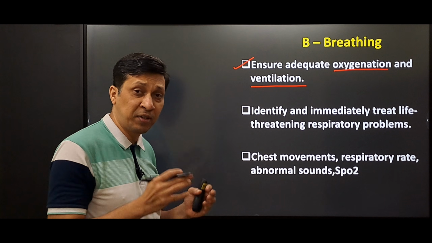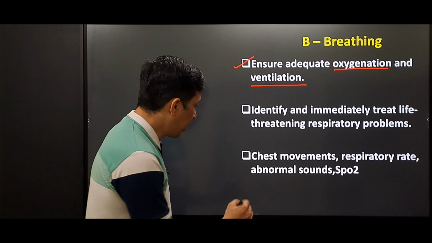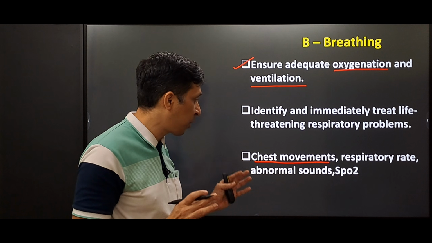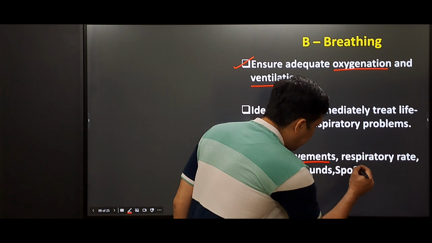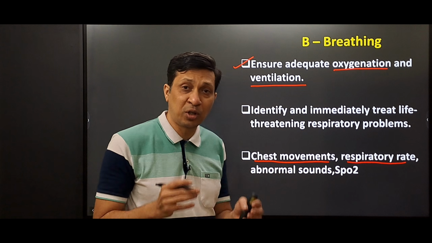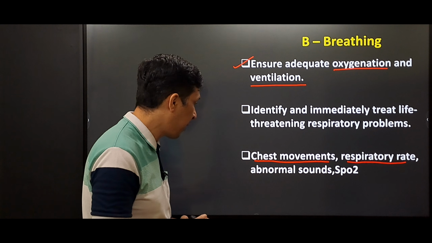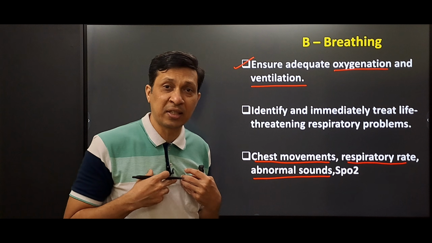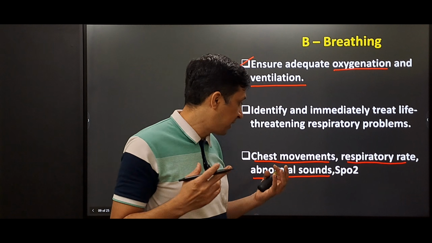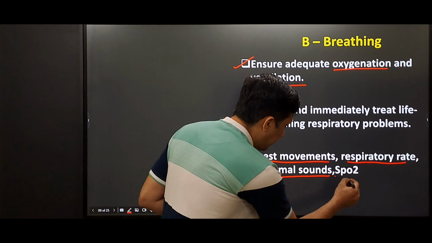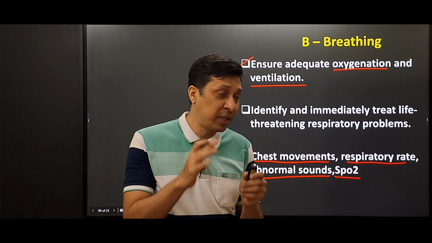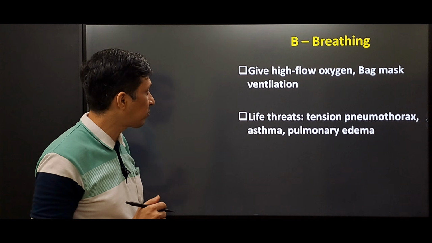How will you check if the breathing is proper or not? You will look at the chest movements, whether they are proper or not, and whether the respiratory rate is normal, not too low or too high. You will check for any abnormal sounds like crepitations, crackles, etc., and you will also check the saturation. In this way, you will check if the patient's breathing is proper or not.